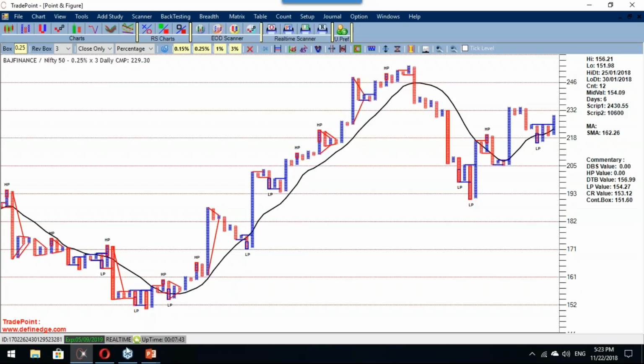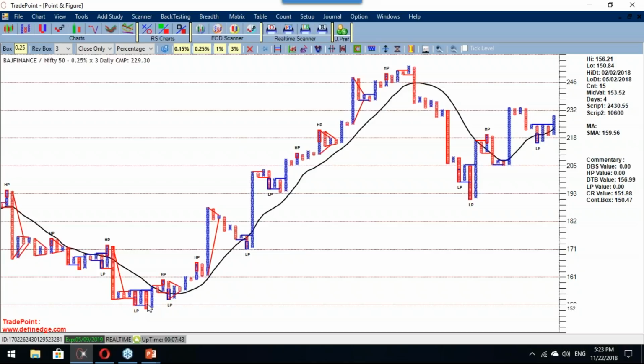So this is the share price of Bajaj Finance divided by Nifty 50. From February, the low that was formed was in early February. I think Nifty bottomed out somewhere in late March, isn't it?